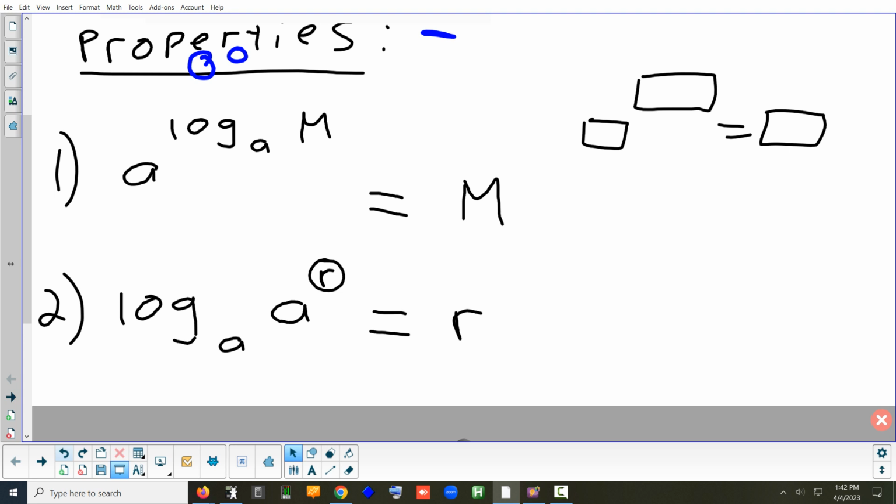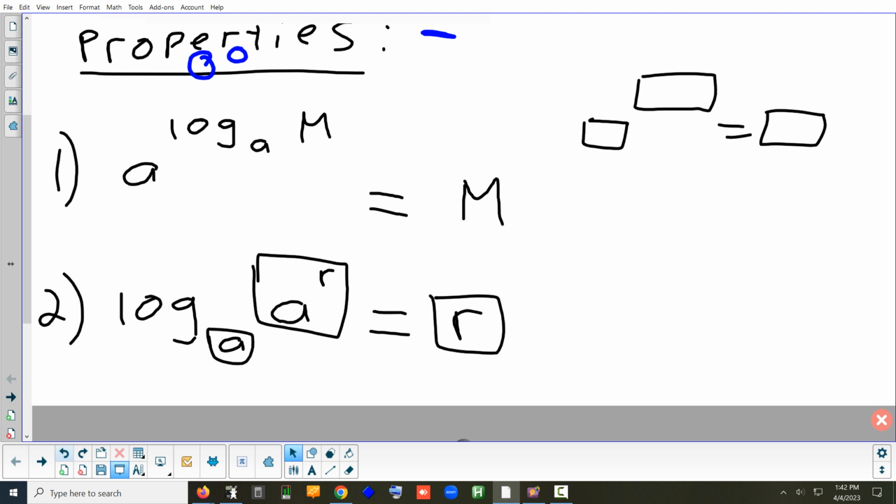So I want to look at why this one is true. So in log form, you have 3 things. You have a base, you have an argument, and then you have what's on the other side. I want to take those three things and change it to exponential and see what it looks like.